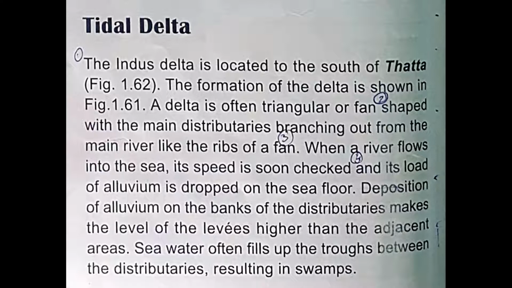Deposition of alluvium on the banks of the distributaries makes the level of the levees higher than the adjacent areas. Seawater often fills up the troughs between the distributaries, resulting in swamps.